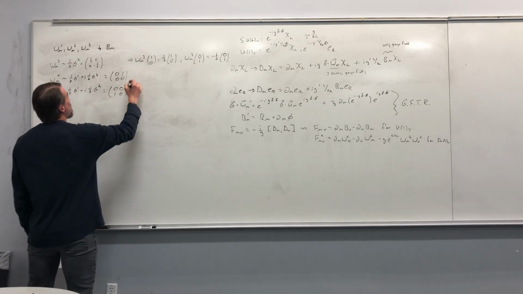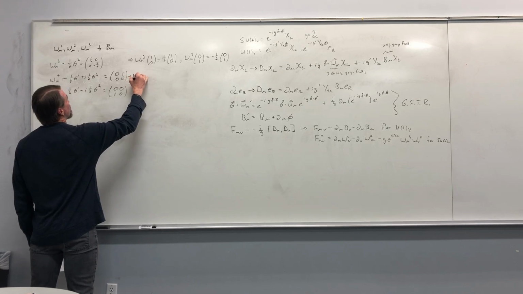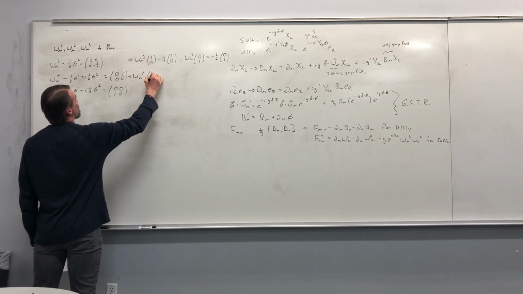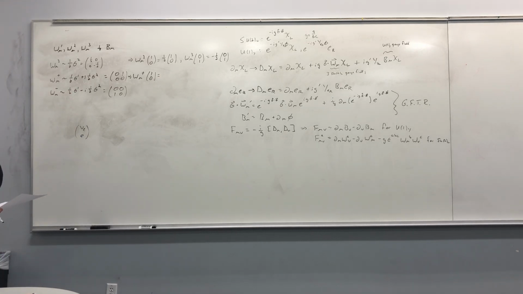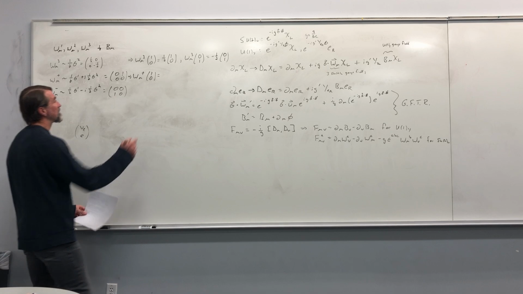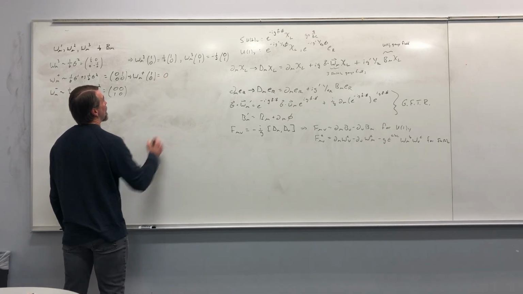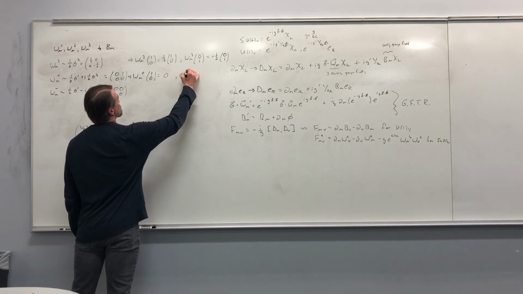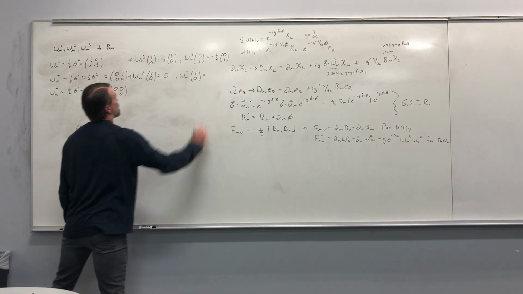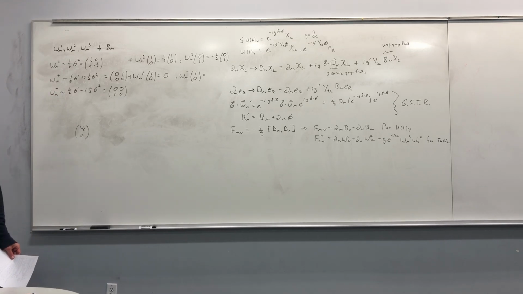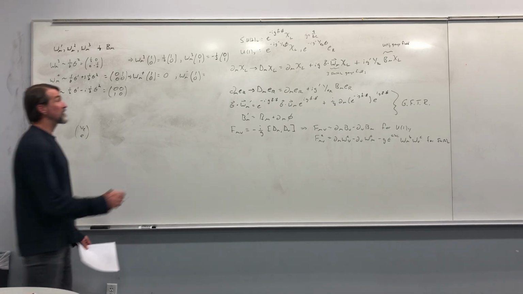Okay? But now let's consider W mu plus on 1, 0. What do I get? I get nothing. However, what if I act with W mu minus? Any takers? It's 0, 1.